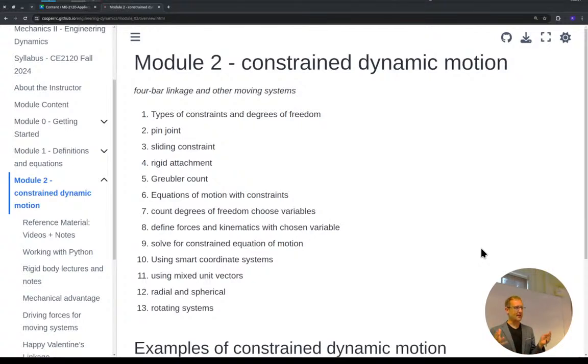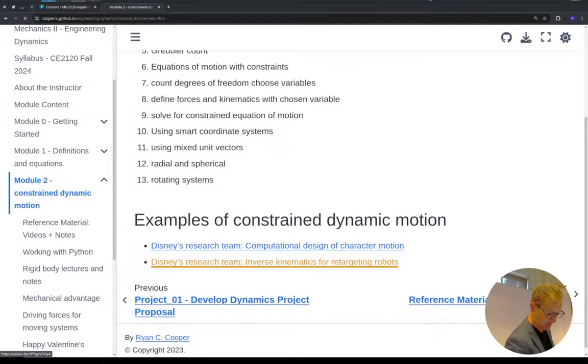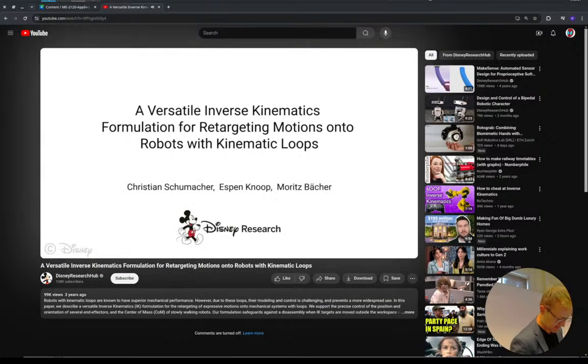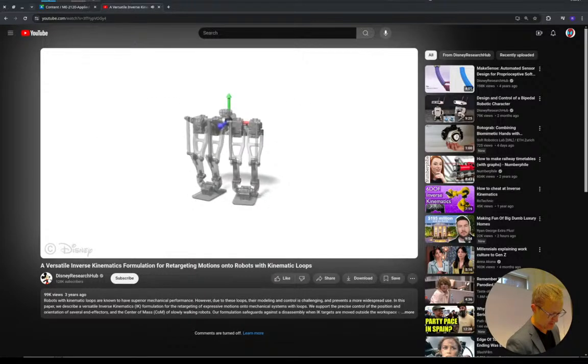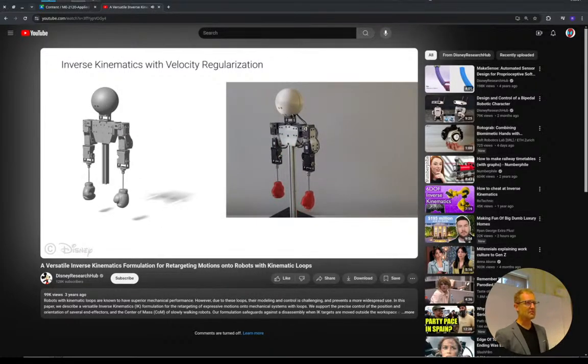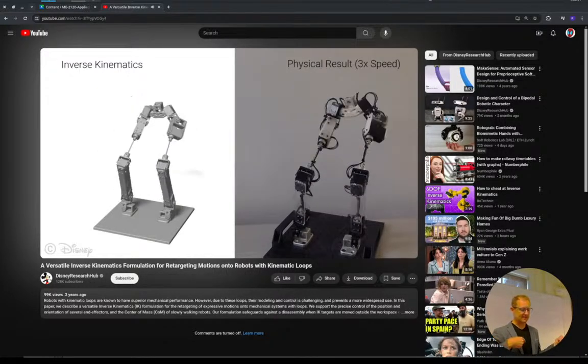But it gets more complicated as we start rotating things and pinning things, adding pinning, sliding, rigid attachments, Grubler counts, all the fun stuff. We can do all sorts of cool stuff like this: versatile inverse kinematics formulations for relative groups, including arbitrary parallel and series parallel hyperparallels. I'm just skipping over that. Robot motion is a lot of times this inverse kinematics.